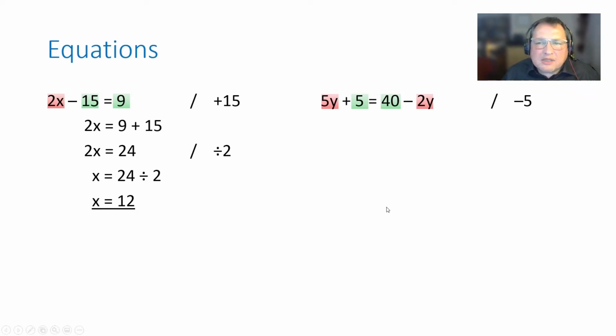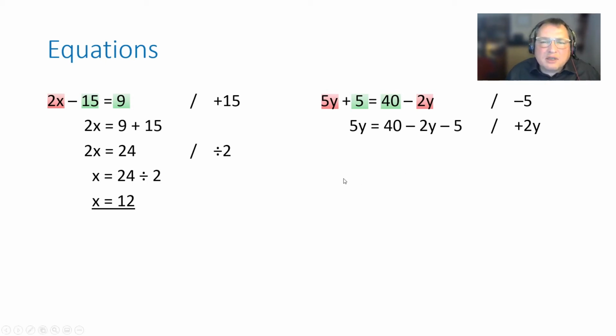So 5y plus 5 minus 5 is, of course, 5y, and the right-hand side is 40 minus 2y minus 5. The second component which is still not in place is negative 2y. We can get rid of this one by adding 2y to both sides, again to both sides of the equation.